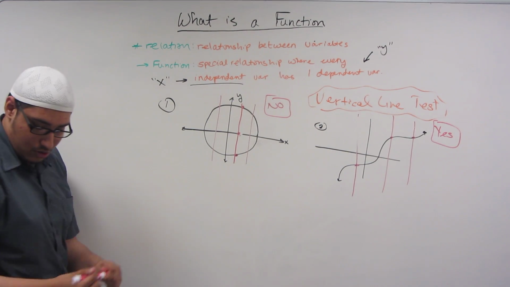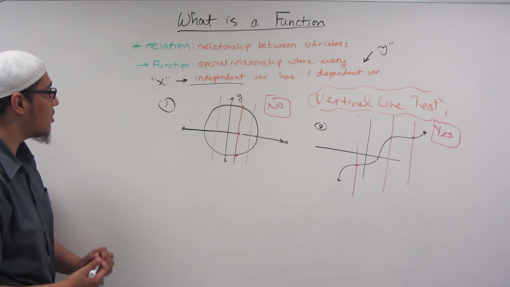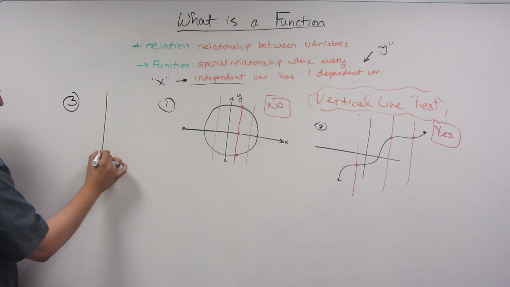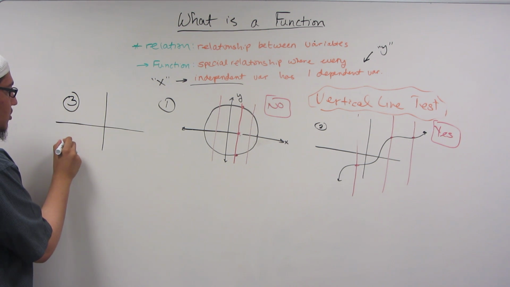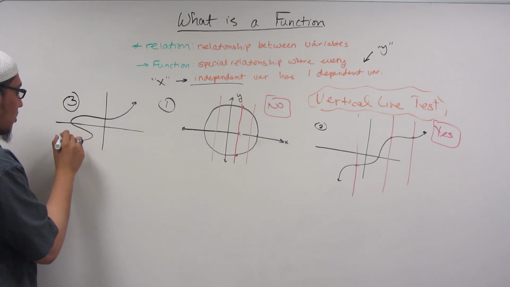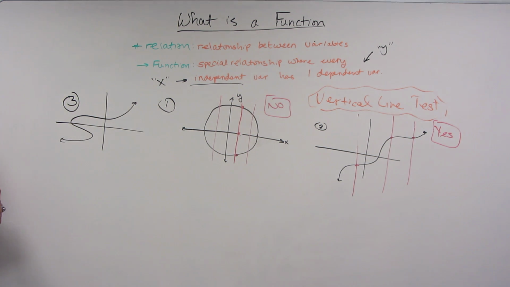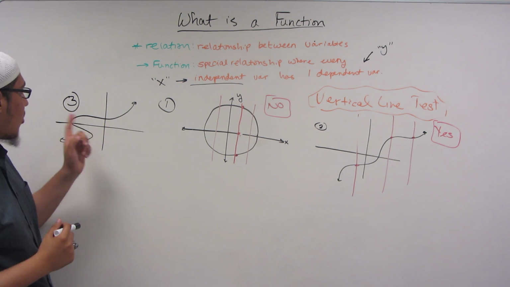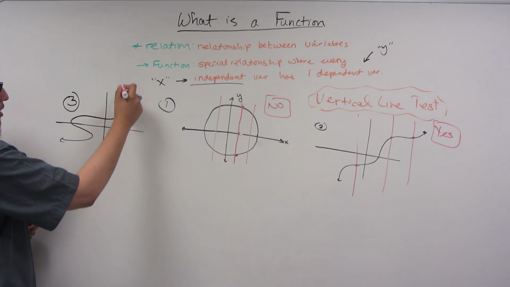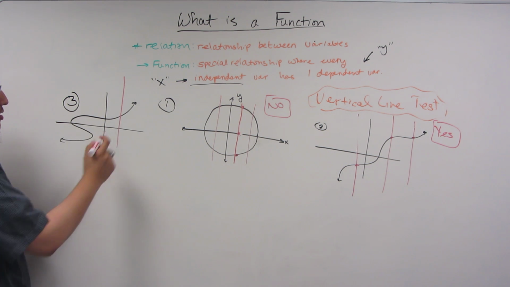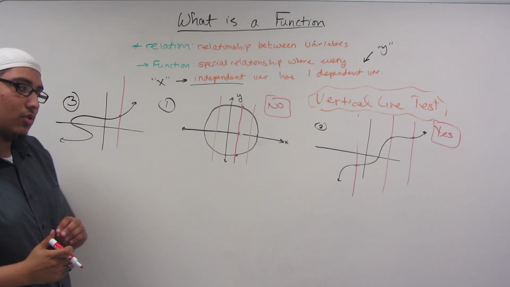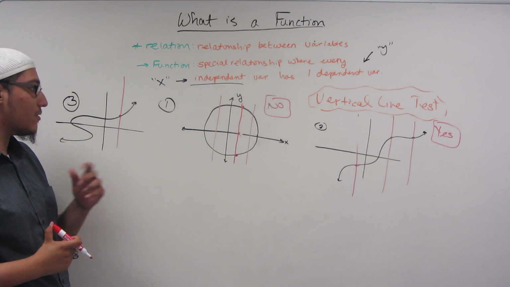All right, now let's just do 2 more examples. I will do the third one right here. Okay. Let's say that this graph looks a little bit like this. Okay? This looks almost like example number 2, and if we were to take our marker and draw a vertical line here, you can see that on the curve, we cross only 1 point, so you would be inclined to think that this is a function.